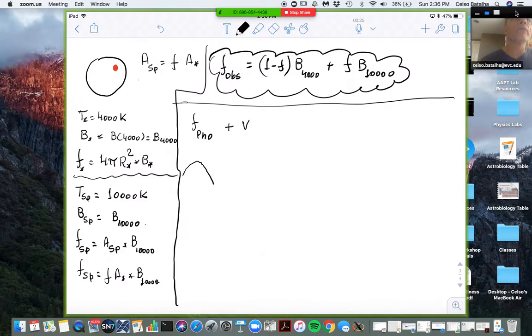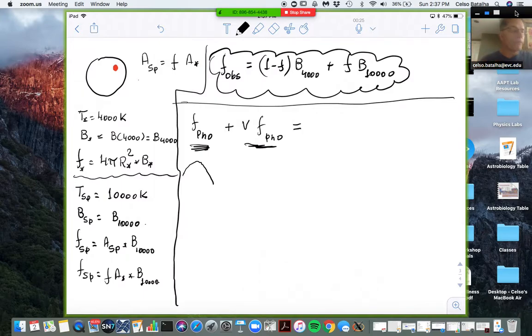The veiling we measure is a multiplicative factor of the photosphere itself, so it is V times F photosphere. So what comes out of the system is what comes out of the photosphere plus a factor of how much the photosphere altogether is sending out to space, multiplied by a number that we are calling veiling.